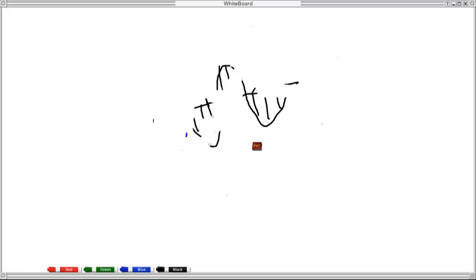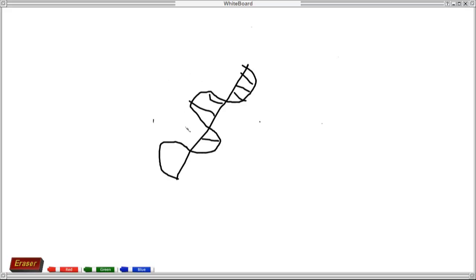Let me draw this a little bit better. You have the sine wave here, and you have little samplings here. I'm not good at drawing, keep that in mind.